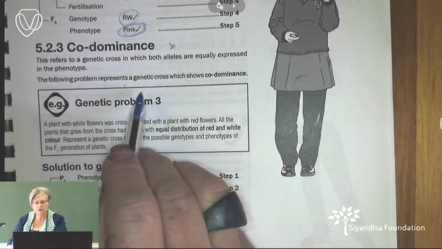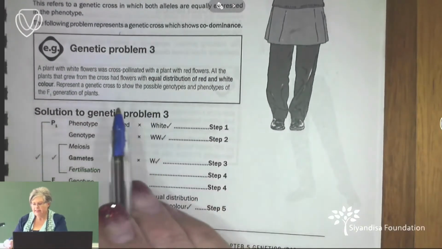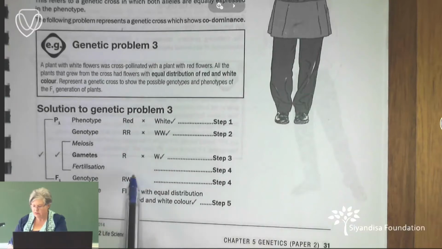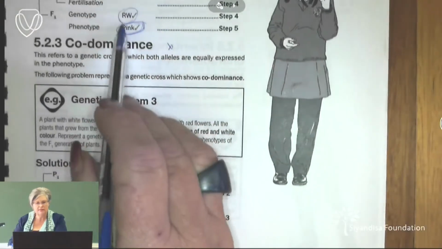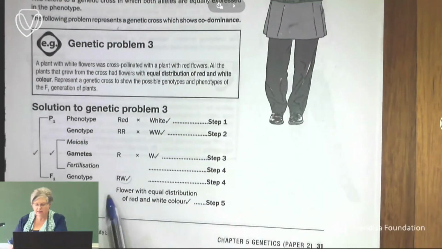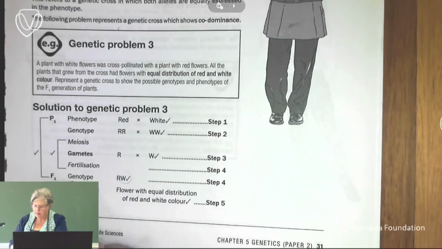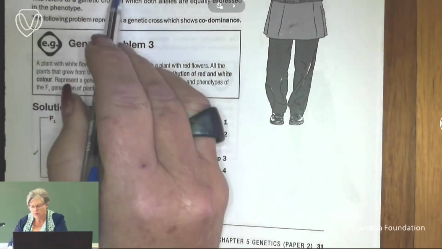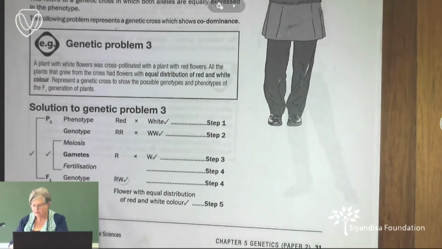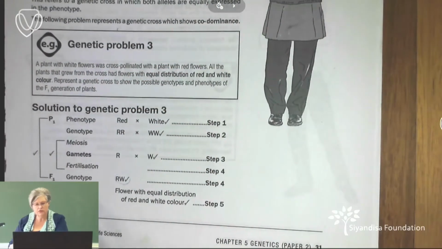If we look at codominance, the crossing is exactly the same, but where's the difference? Look, even the genotype is the same as in incomplete dominance. The difference is in the phenotype. So with incomplete dominance and codominance, the only place where we differentiate is in the phenotype.